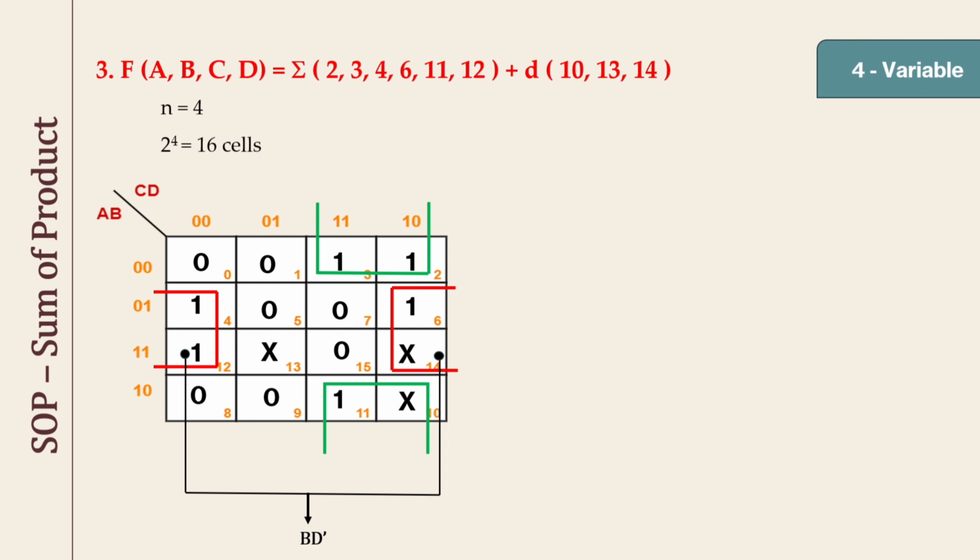In the second group, we can see the common between 2 rows is B bar. And with respect to the columns, C is common between the 2 columns. So we can name this group as B bar C. So the final expression will be f of A, B, C, D which is equal to B bar C plus B D bar.